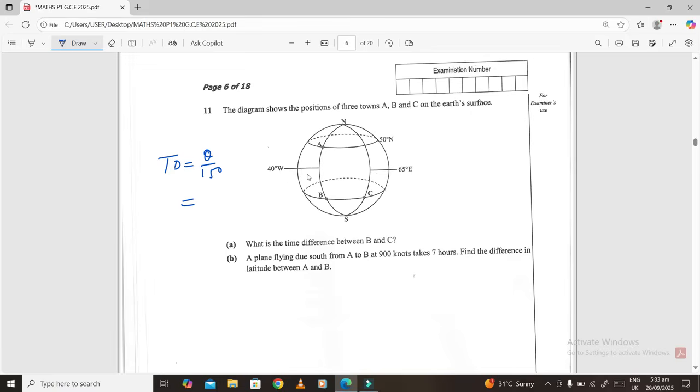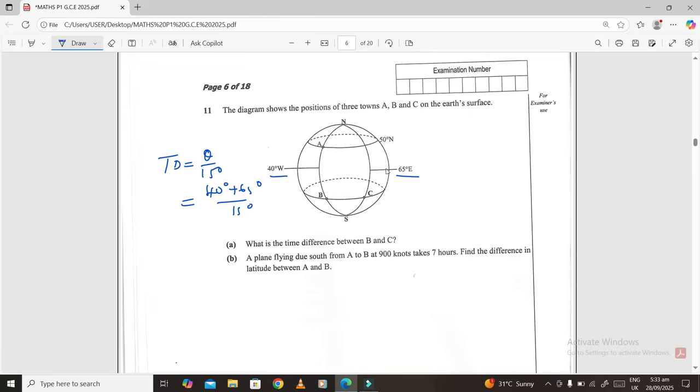What is our theta? Our theta will simply be equal to 40 degrees plus 65 degrees over 15 degrees. So maybe you're wondering where am I getting this 40? Can you see where B is here? This line is passing at B, and here this one is passing at C. And when you look at this, this is 40 degrees west, while this is 65 degrees east. So they are different.